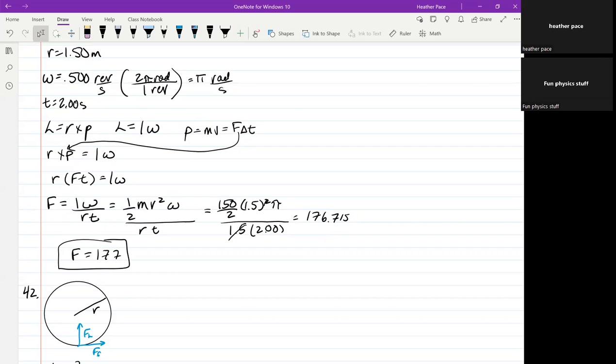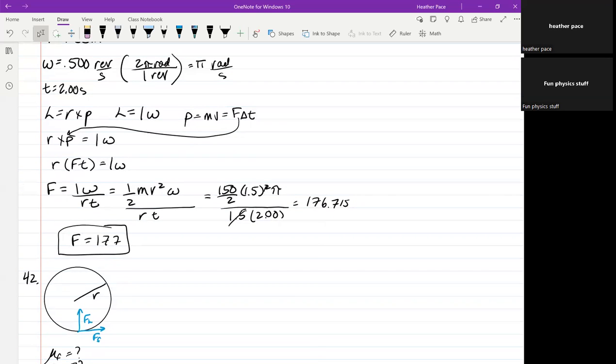L equals R cross P. L also equals I omega. So now we have R, P, L, I omega, but we're looking for force. So we have P equals mv. And we also know, from a couple chapters ago, P equals F delta T. Well, we were given delta T and we're looking for F.